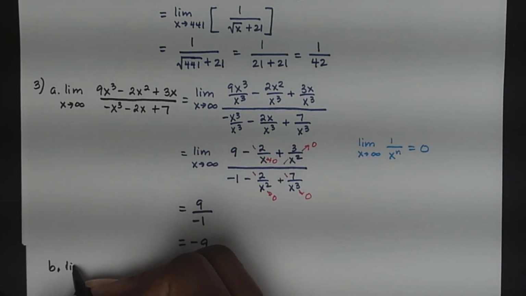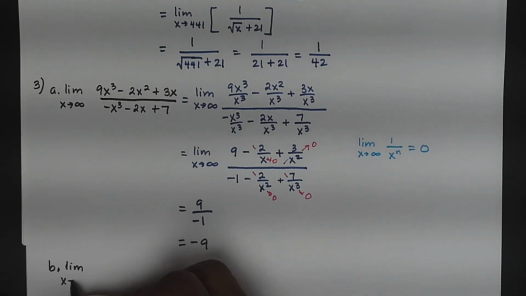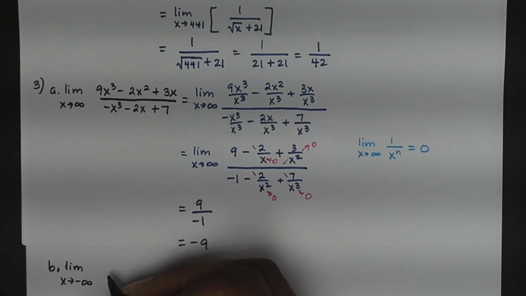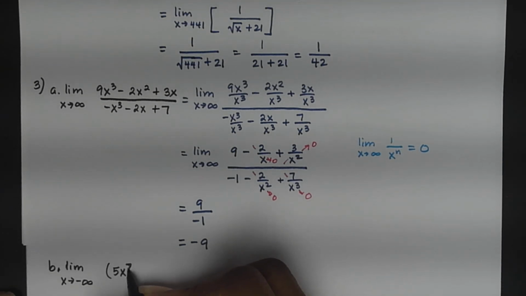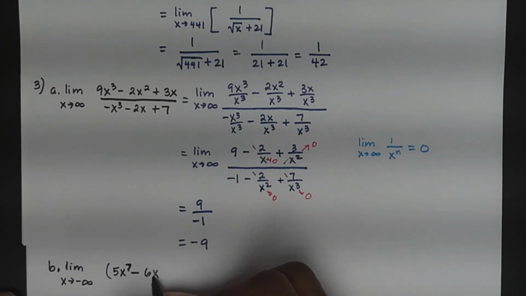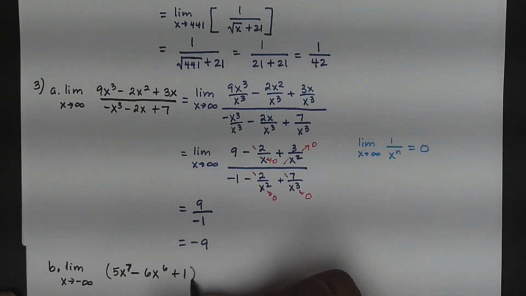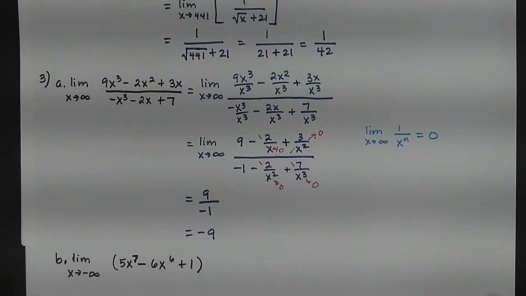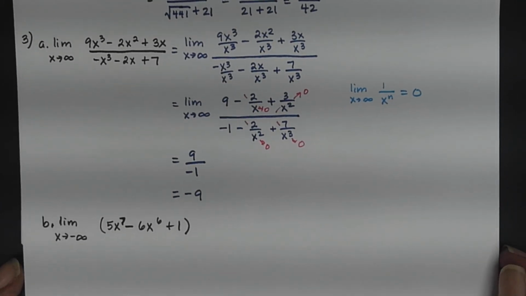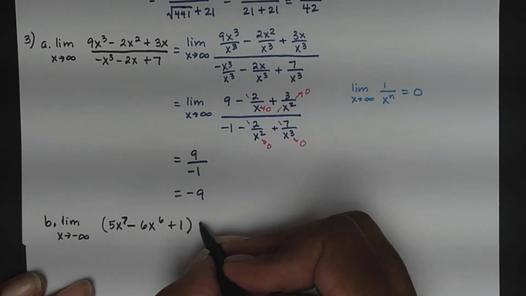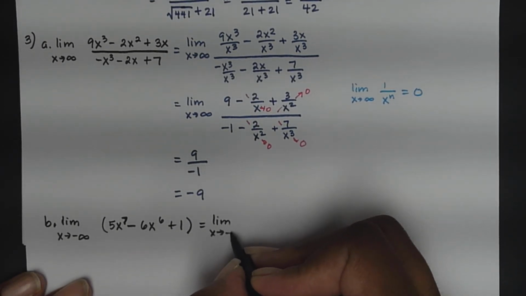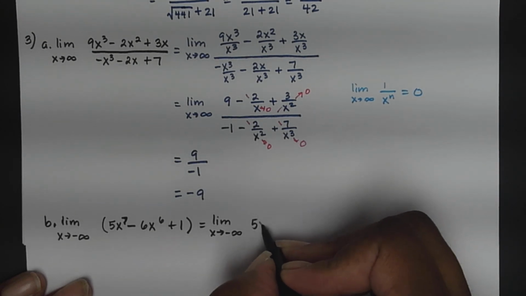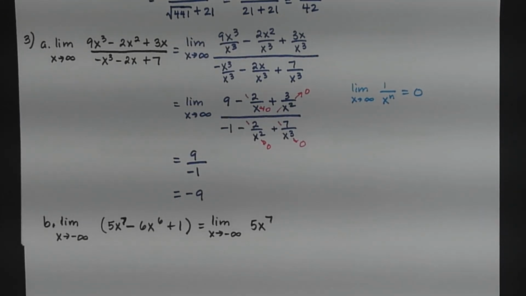So here we have the limit as x approaches, and this time negative infinity, of 5x to the 7th minus 6x to the 6th plus 1. I'll look at the leading term to find out what that limit is going to be. So it's the limit as x approaches negative infinity of just the leading term, 5x to the 7th.